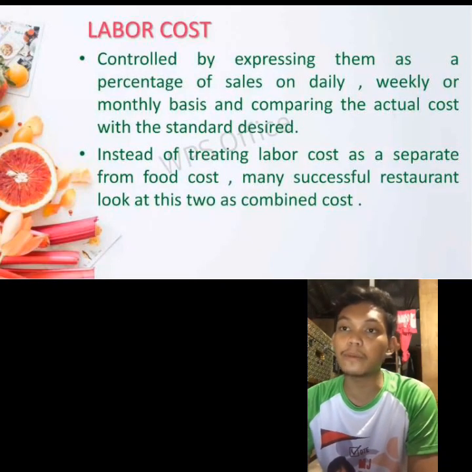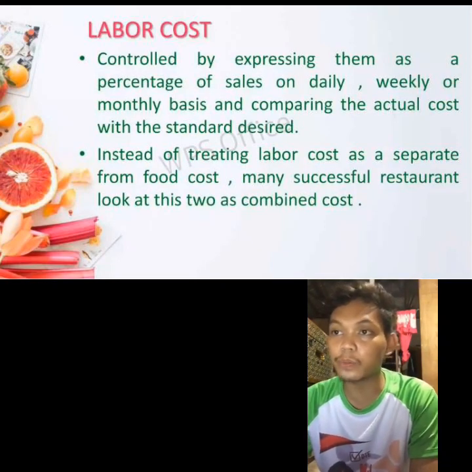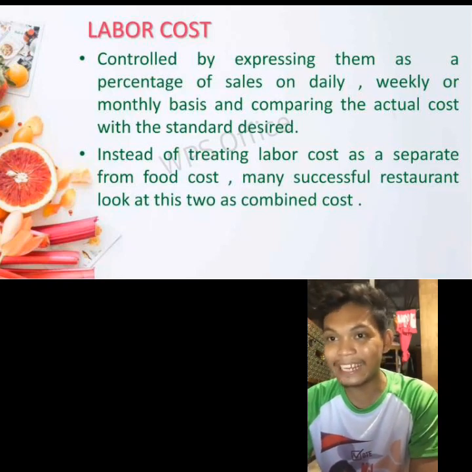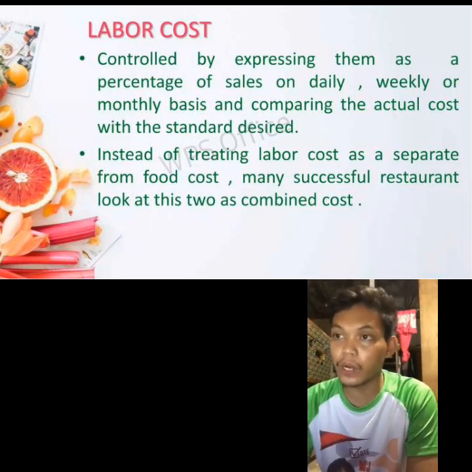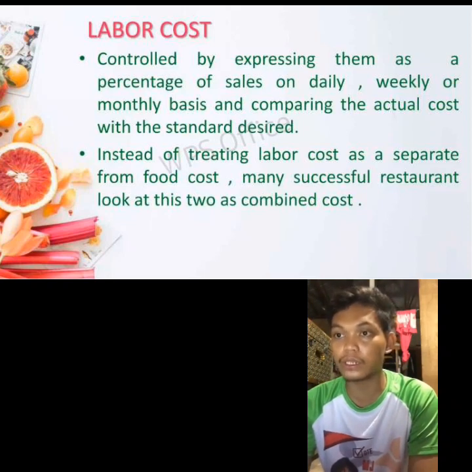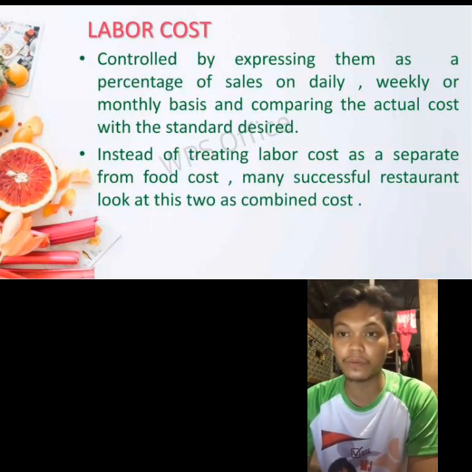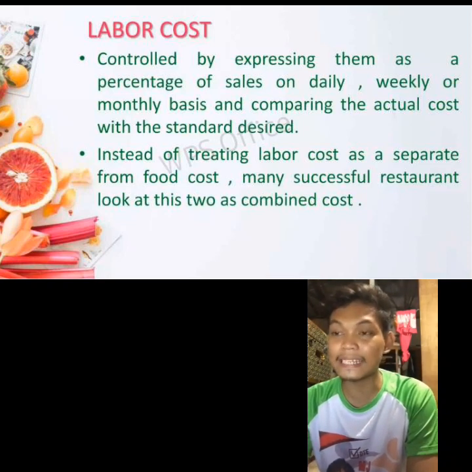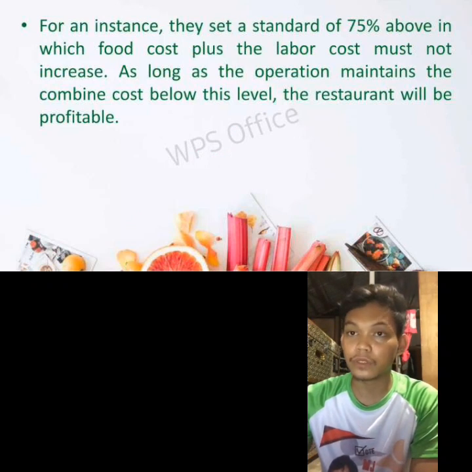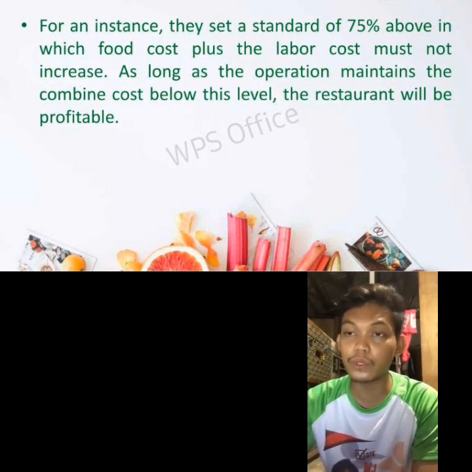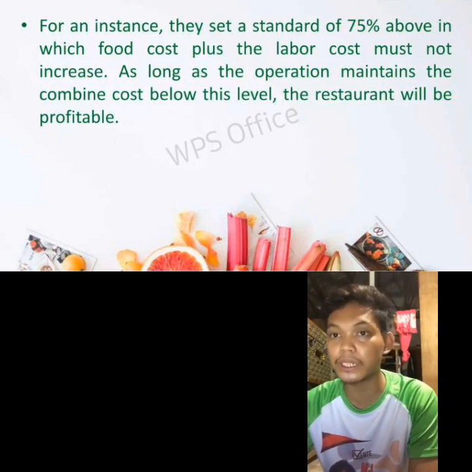So next is labor cost, controlled by expressing it as a percentage of sales on a daily, weekly, or monthly basis and comparing the actual cost with the standard desired. Instead of treating labor cost as separate from food cost, many successful restaurants look at these two costs combined. For instance, they set a standard of 75% above which food cost plus labor cost must not increase.